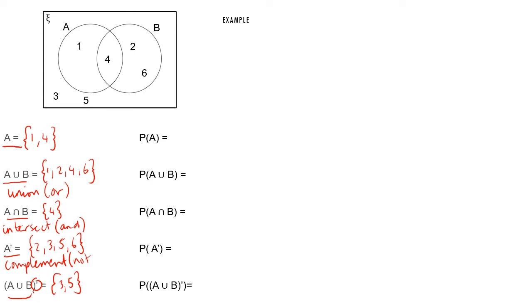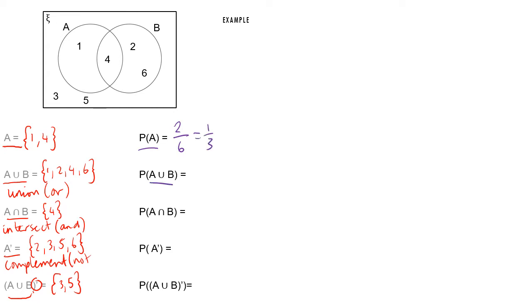Now, moving on slightly from this, we're going to look at probability. The first one here means what's the probability of getting a number in set A if we take one of this universal set at random? So there's 6 numbers in the universal set, the numbers 1 to 6. 2 of them are in set A, so the probability is 2/6, but we simplify it where we can.